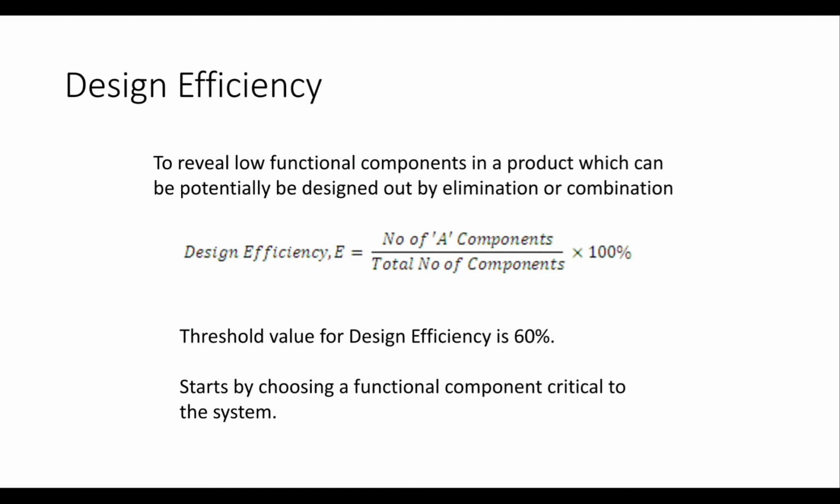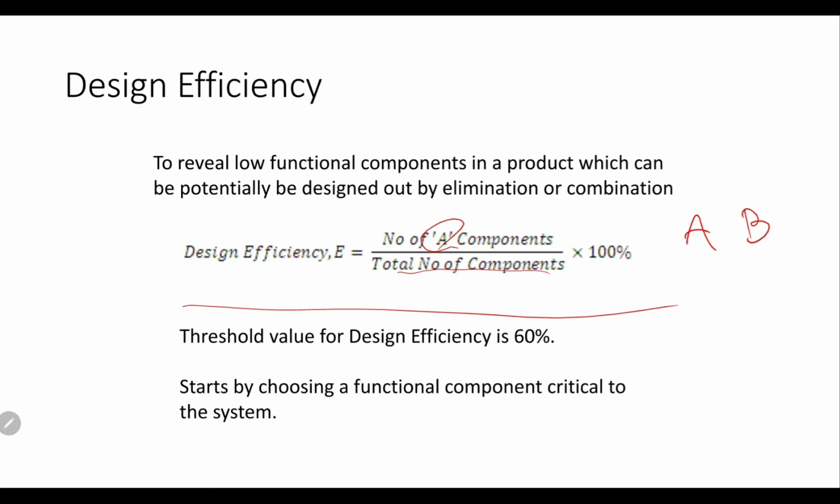Okay, and this is the equation. As you can see here, the number of A components divided by the total number of components. So what is an A component? We have A and the other one is B. What are these?